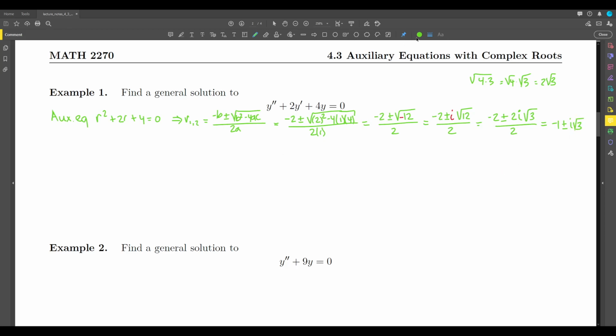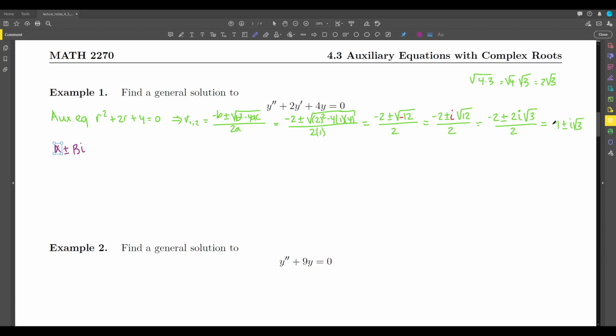So now let's compare that with what the general solution looks like. The general form for complex roots is alpha plus or minus beta i.